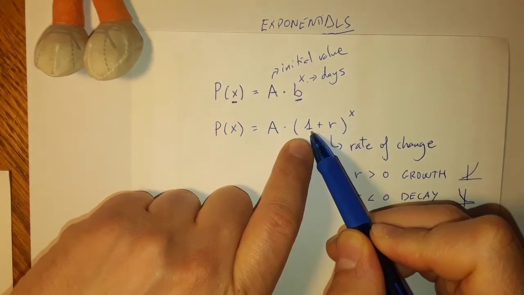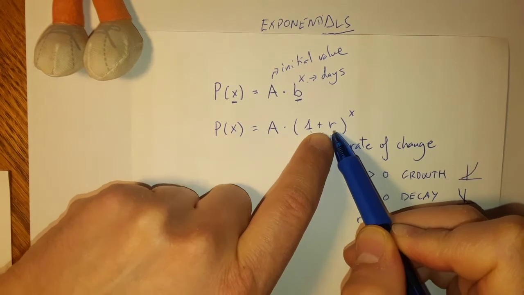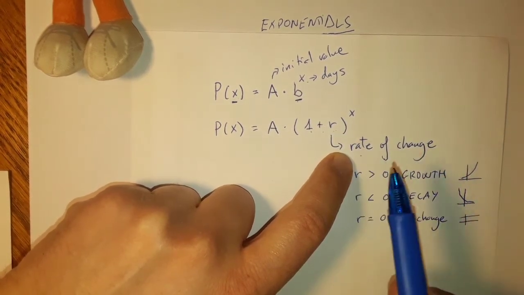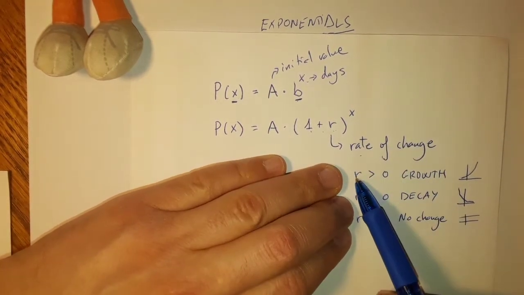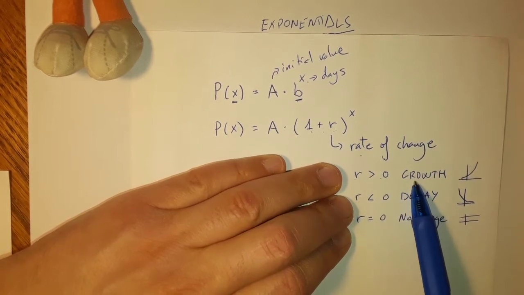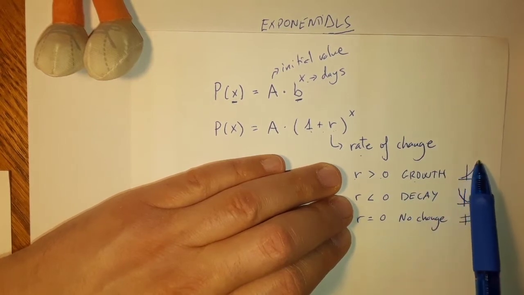This one represents whatever we already had, and this one represents whatever is new, the rate of change. So we can have three different scenarios. If the rate of change is positive, then we have a growth, as we have right now. Every day, the number of cases is getting greater, right? So it goes up as a function you have seen before.